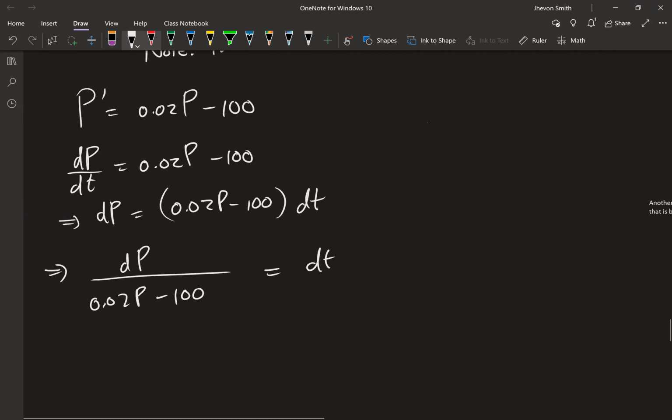Okay, so at this point, the variables are separated. We can integrate both sides. All right, what is the integral of the left side?